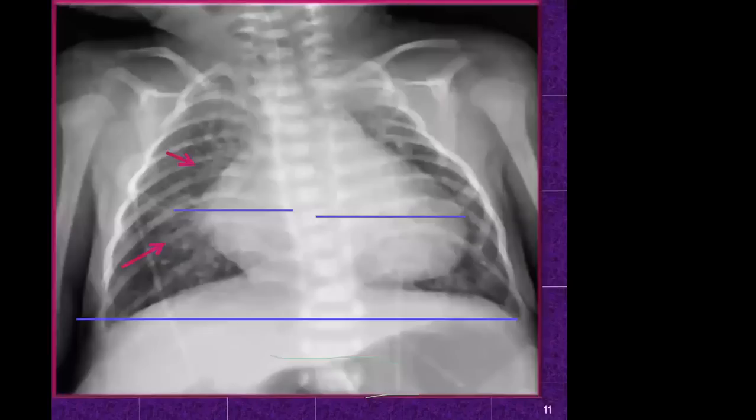What do you think? What do you notice over here? We had a session on chest x-rays also, right? I have put up the markings to make it easier.